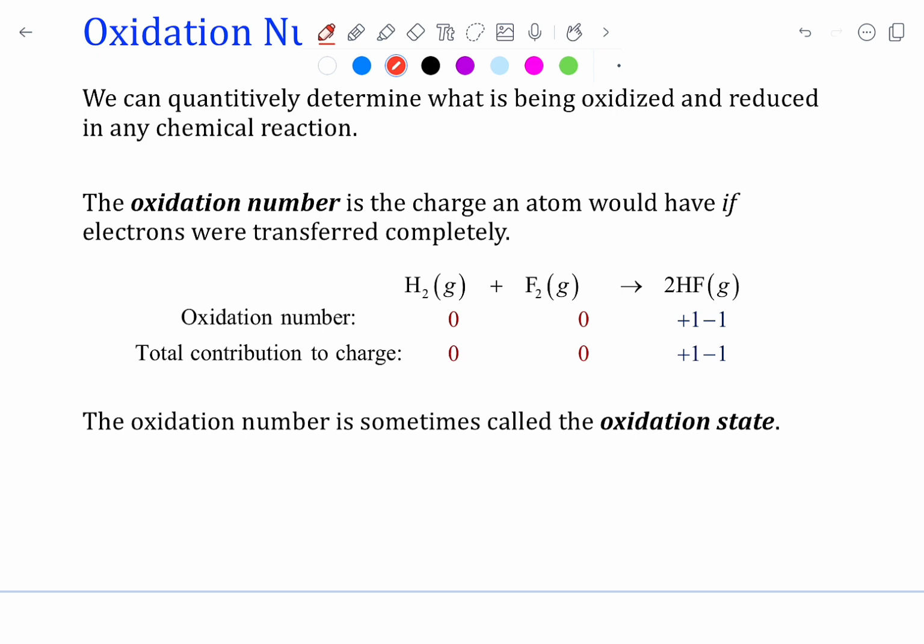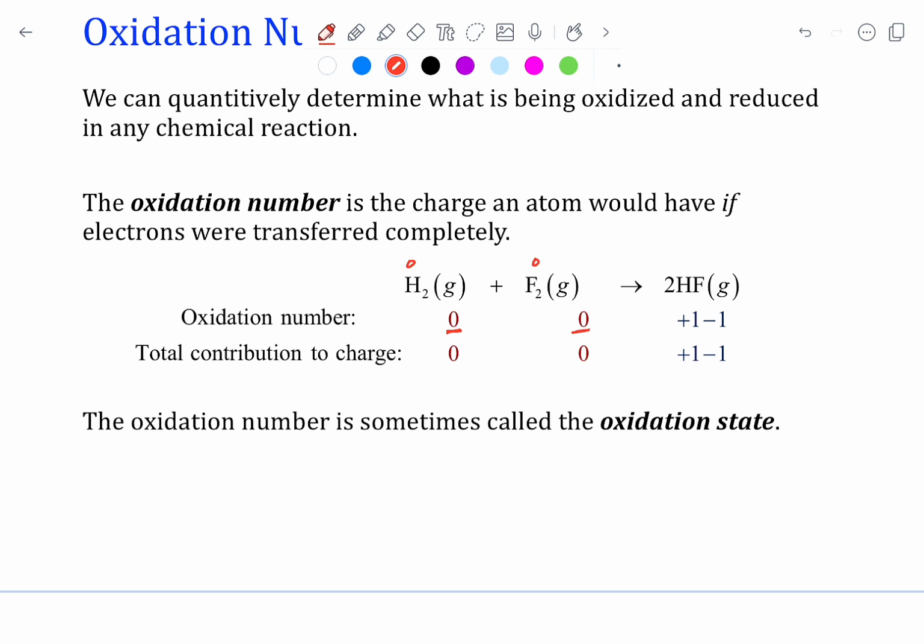That charge can be referred to as the oxidation number. So H2 had a charge of 0, its oxidation number is 0. So we've already kind of been doing oxidation numbers. F2 as well is elemental fluorine. Elemental fluorine comes right off the periodic table. It hasn't lost any electrons or gained any electrons, so it has a charge of 0, meaning its oxidation number is 0.